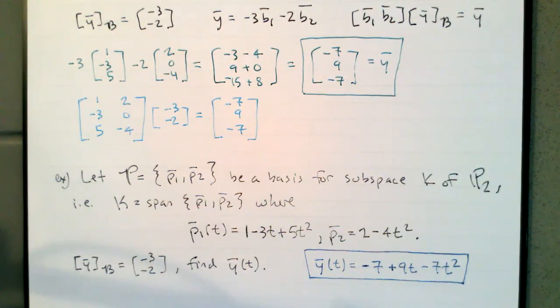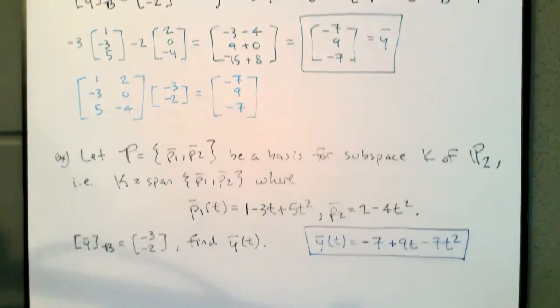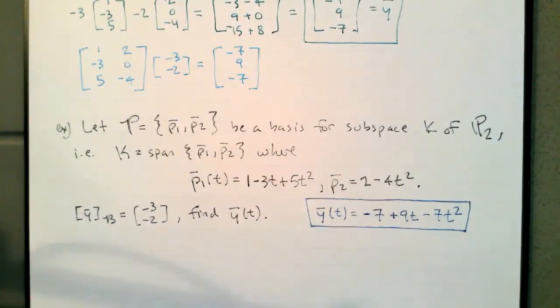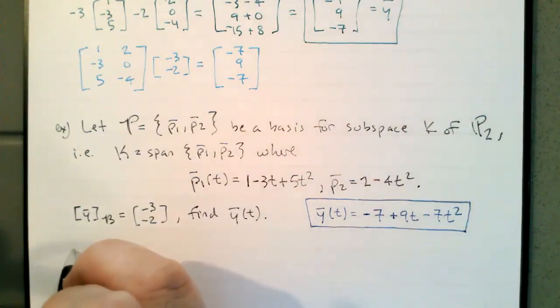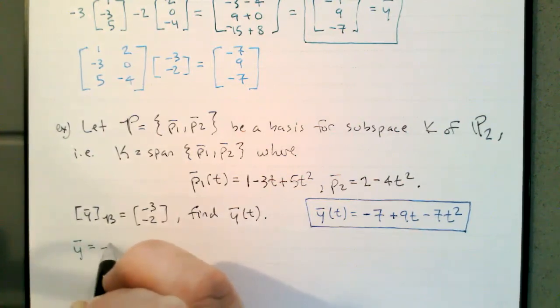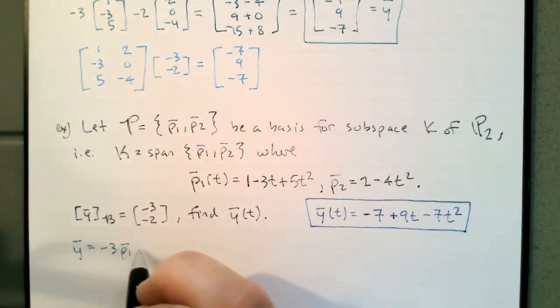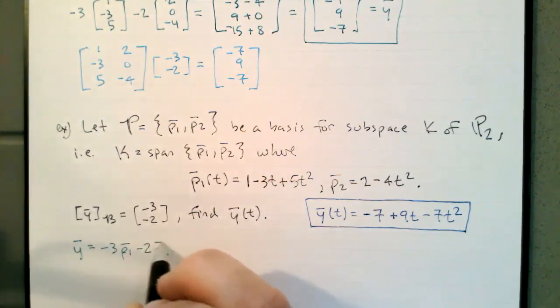We can still run this problem just like a polynomial problem. When I say the coordinates of y relative to b are -3, -2, that means y is just -3 times p1 minus 2 times p2. So y is -3p1 minus 2p2.